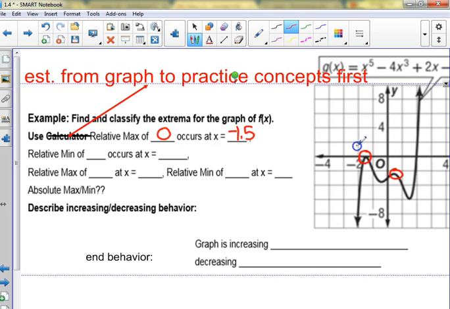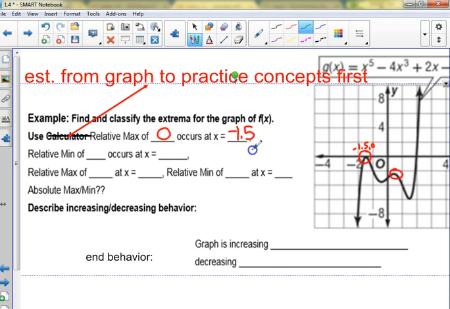So this ordered pair would be (-1.5, 0). It is a maximum Y value. Does that make sense? It's not a maximum X. It goes forever left and right, but it's a relative maximum Y value. And that's why we say the value occurs at.